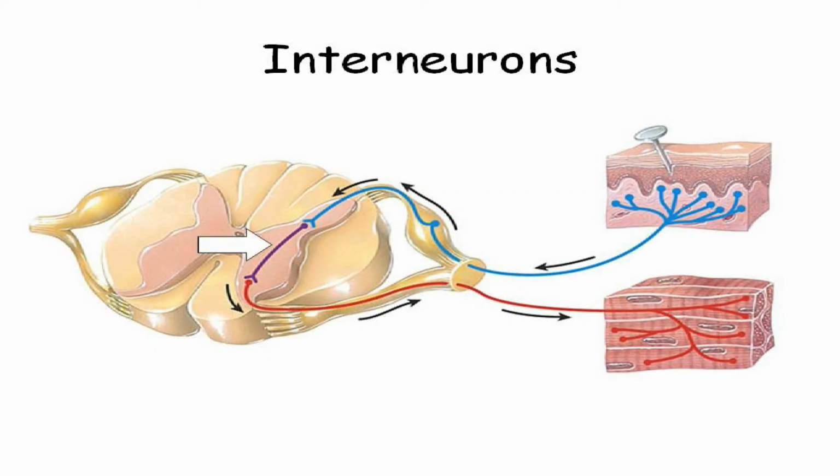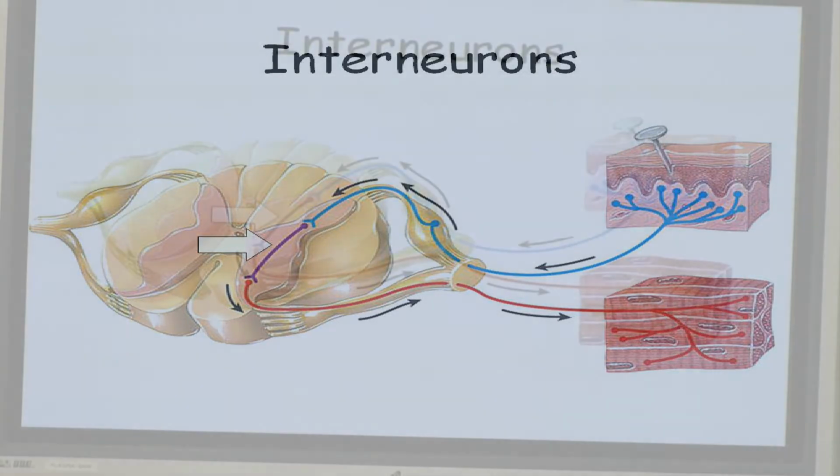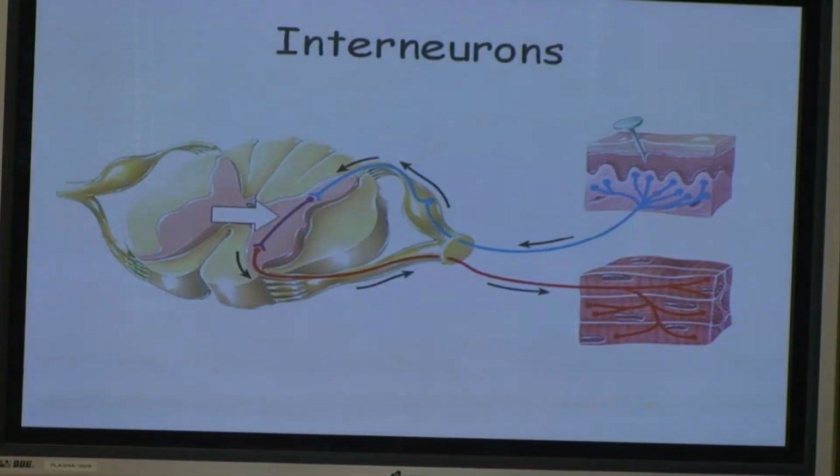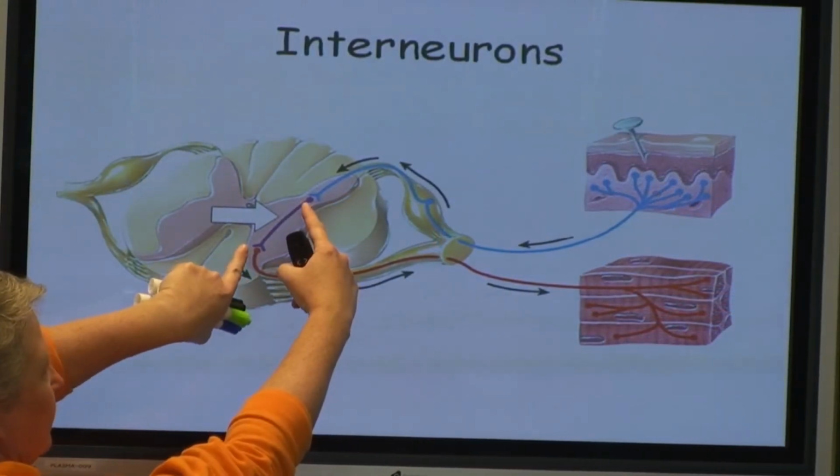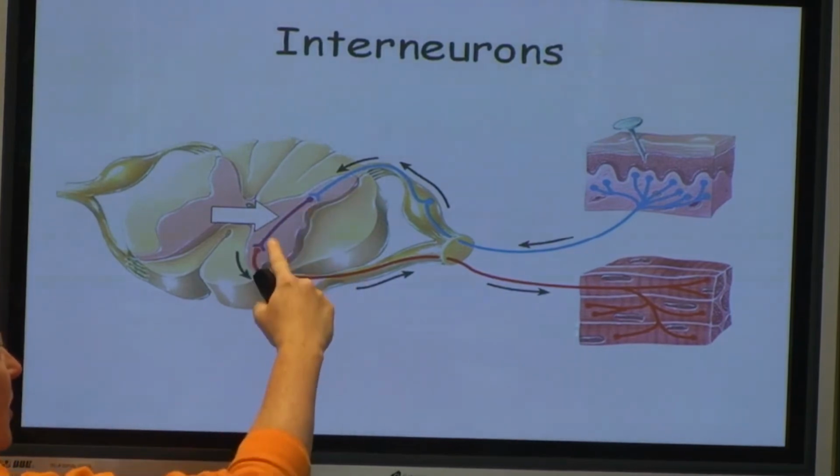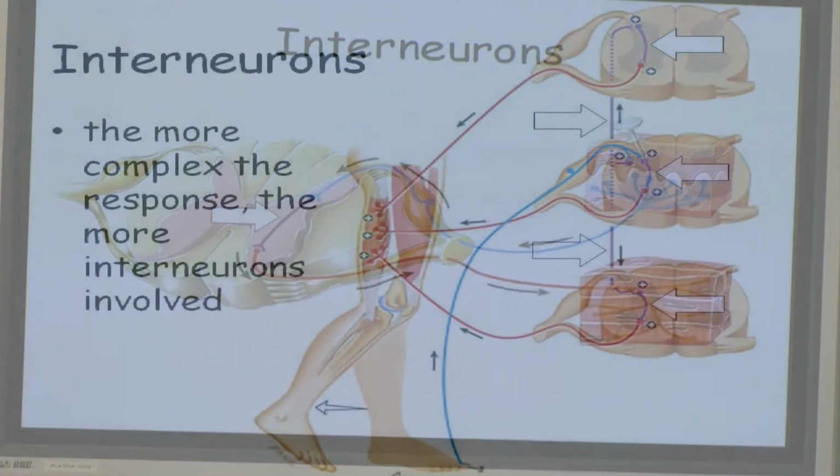So the simplest interneuron is something that's in a somatic reflex arc. You step on a tack, the sensory neuron comes in, synapses with an interneuron, which synapses with a somatic motor neuron going out. Make sense? That's the interneuron. And so you can see the entire interneuron is in the spinal cord.